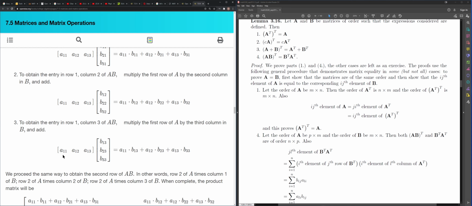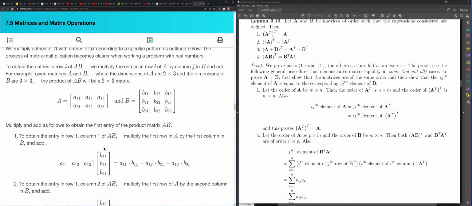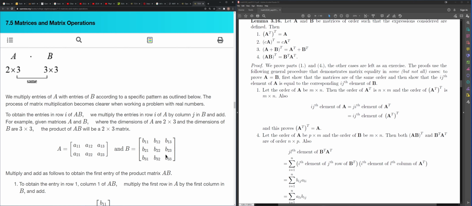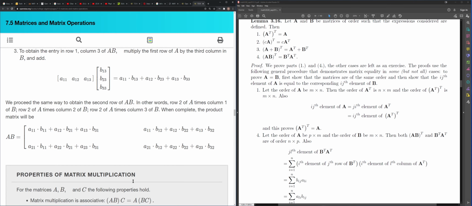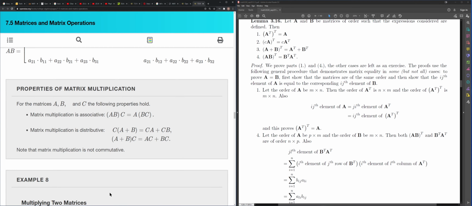So when you form this product, you can tell that this is corresponding to the AB. So when you take your first row and multiply against the third column, what you're going to get is in the AB.